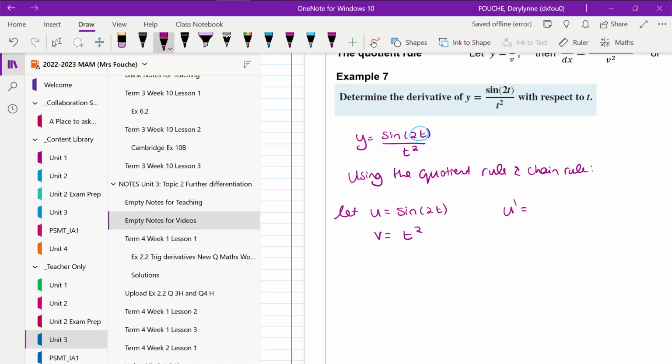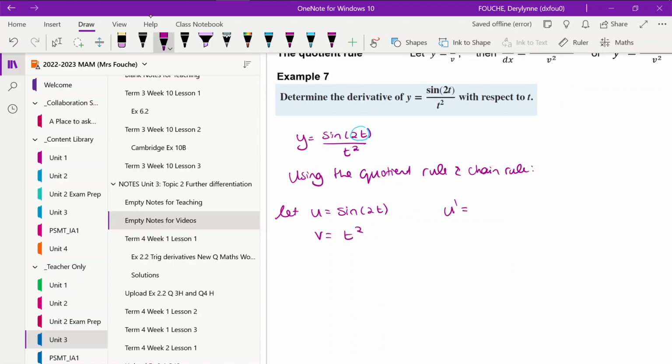Now my u dashed, I'll be using my chain rule because I'm going to have cos of 2t multiplied by my derivative of the thing inside my brackets, so it's multiplied by 2. That becomes 2 cos of 2t, and my v dashed will just be 2t.